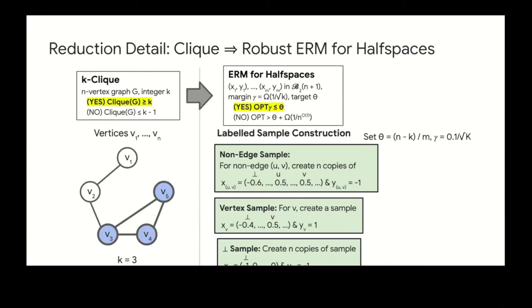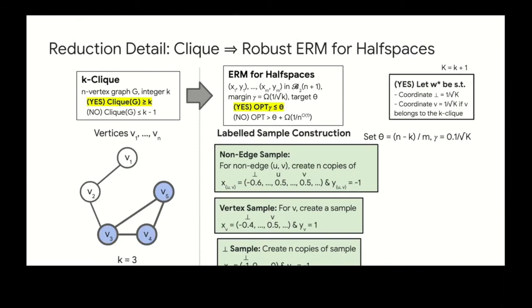Okay, so having defined the reduction, let's check the yes case. I just copy the intended solution for the yes case here. Recall again that we set the null coordinate to be 1 over square root k plus 1, and every coordinate corresponding to the k-clique to also be 1 over square root k plus 1.